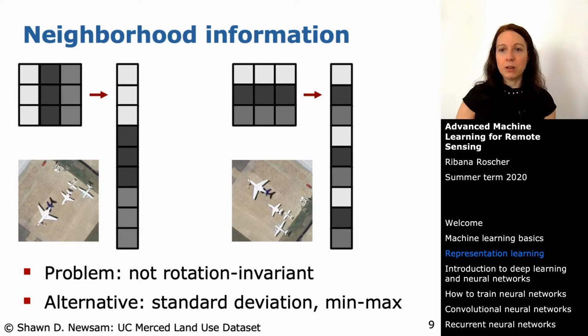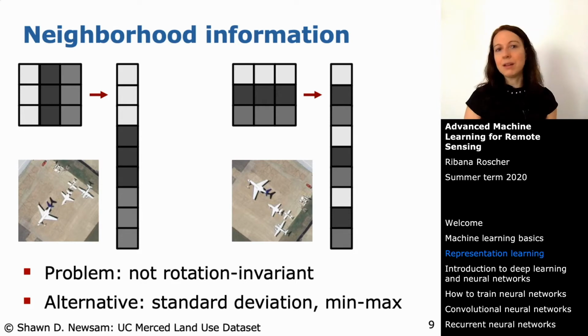And if you just think of when you take pictures, when you take observations, you cannot always ensure that you have the same orientation. So this is a problem. An alternative would be just to take the standard deviation or the minimum and maximum value of this region.